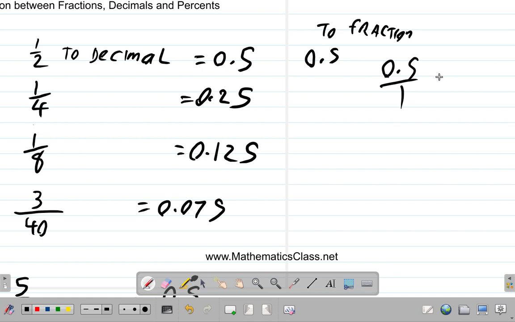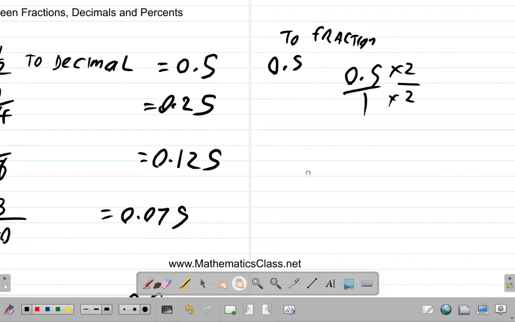You can multiply 0.5 by 2 and get a whole number. If you multiply the top by 2, you have to multiply the bottom by 2 too. 2 over 2 is 1, so it's like multiplying by 2 over 2. The number has the same value, but it looks different, because 2 over 2 is the same as 1.